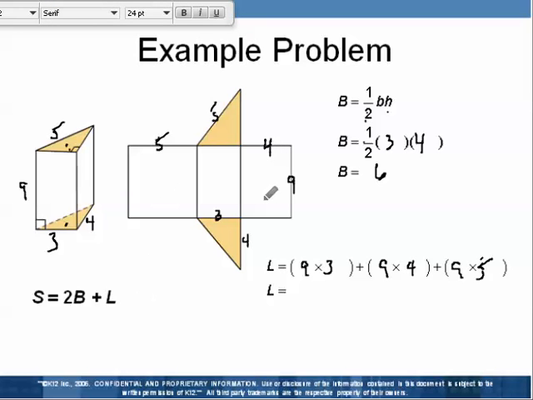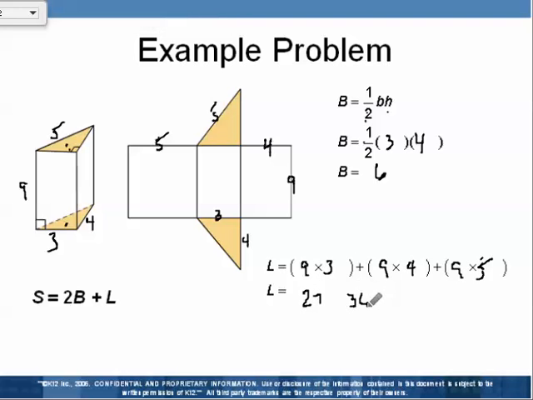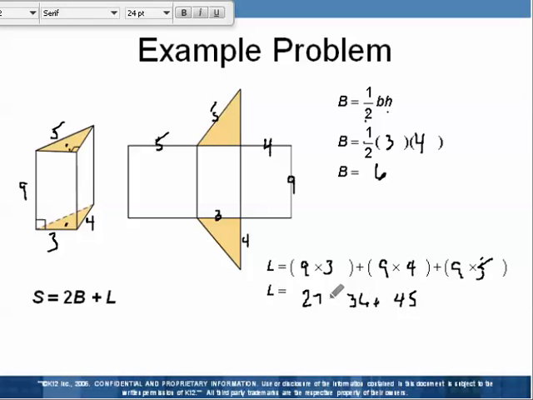Do you see how I laid this out in this net to find the surface area, and then just used the fact that I could divide it up into these different size areas to find the area of each one of them? So 9 times 3 is 27, 9 times 4 is 36, 9 times 5 is 45, and we add those three numbers together: 11 and 7 is 18, carry your 1, that's 8, 10, 108.